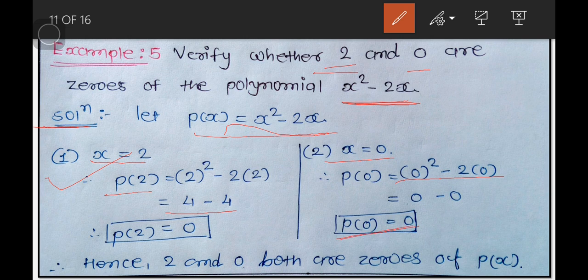So here you can see that 2 and 0 make p of x equal to 0. Then we can say that 2 and 0 both are zeros of polynomial p of x. So this was about zeros of polynomials.